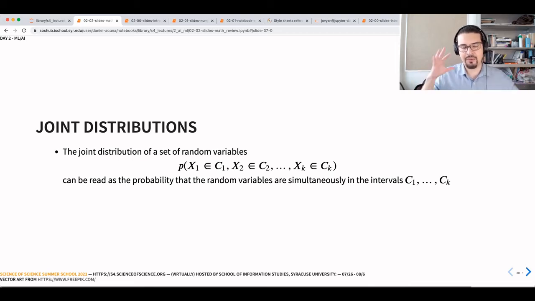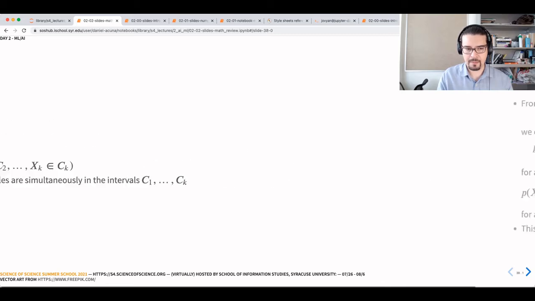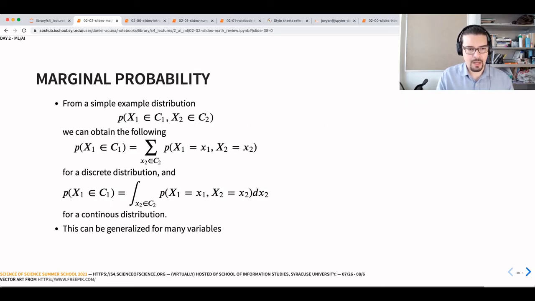So we can represent a three-dimensional data set as a distribution. If you have the joint distribution, so the distribution of all the variables, you can compute the distribution of a particular variable by simply averaging the joint distribution over the values of the variables that you don't want.